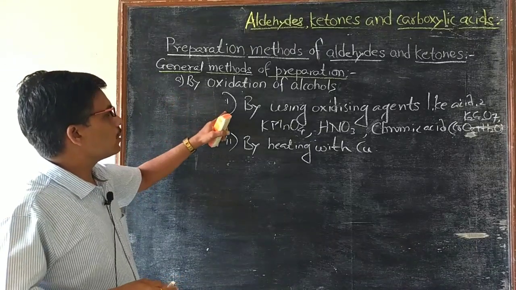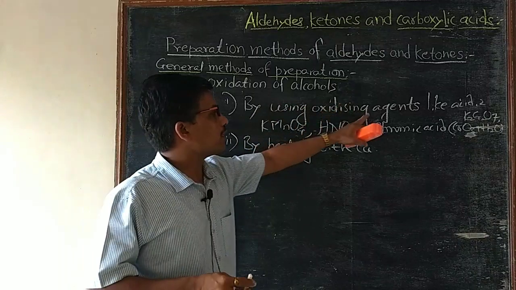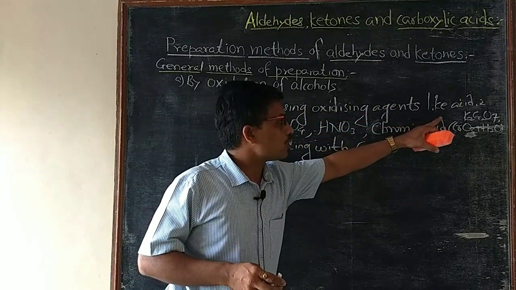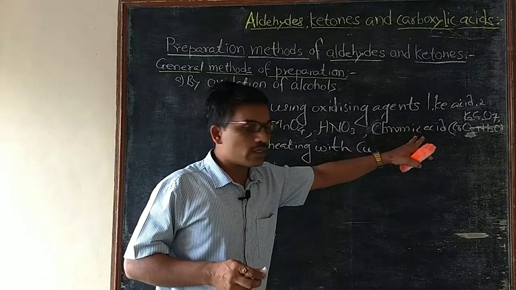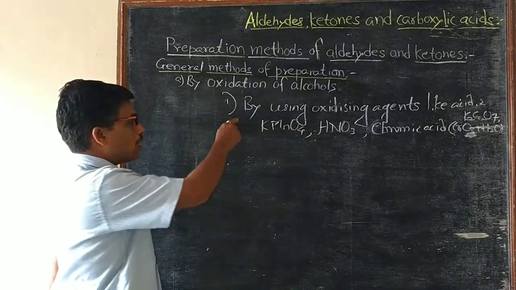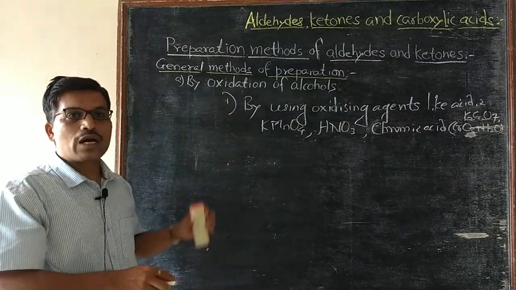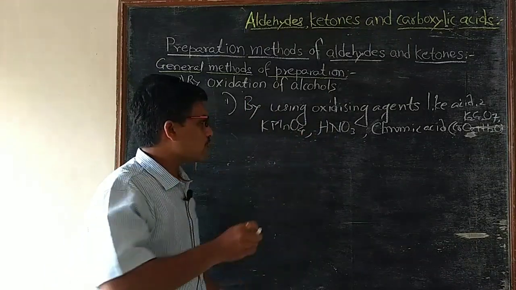First we will see oxidation of alcohols by using oxidizing agents like acidic potassium dichromate, KMnO4, HNO3 or chromic acid. Aldehydes and ketones are prepared by oxidation of primary and secondary alcohols.